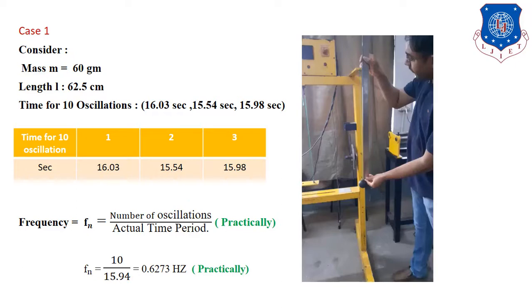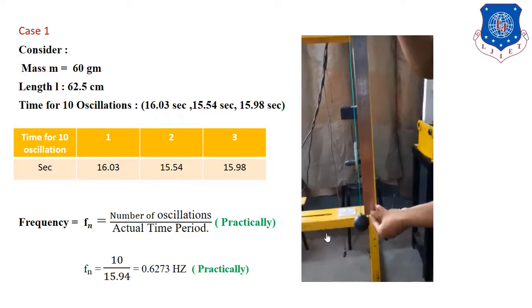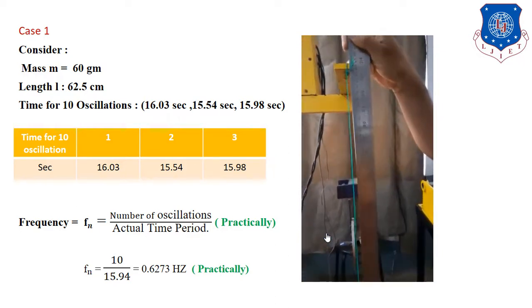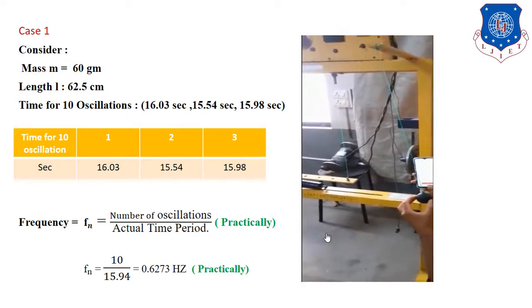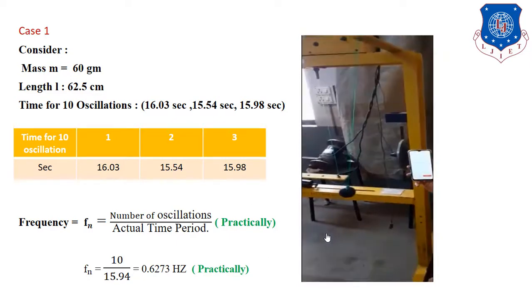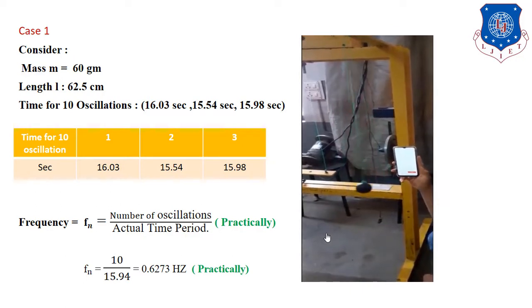And here we have to measure the time for 10 oscillations. First of all, we measure the length of the string, and that is equal to 60 centimeters, and we also have to consider the radius of the pearl. So the total length is 62.5 centimeters.